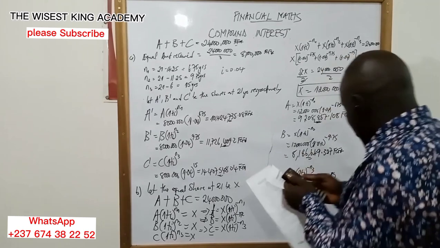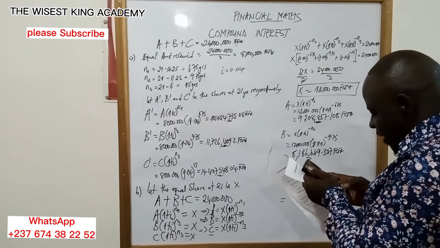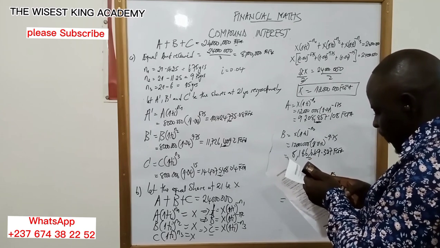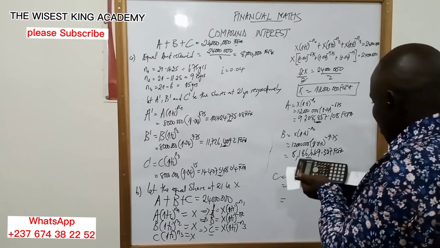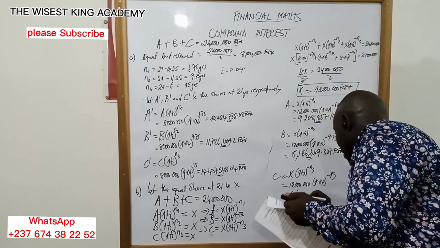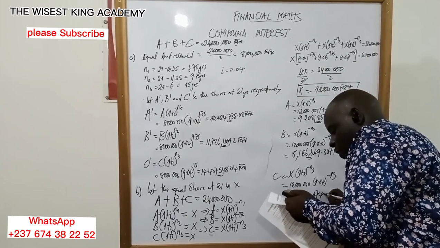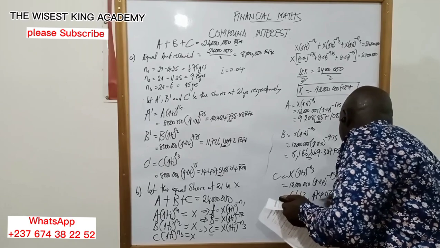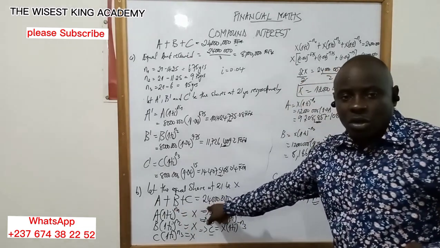And the last one, 1.04 raised to the power negative 15 times 12 million equals 6,663,174.033 francs CFA. Now, remember, we said A plus B plus C will give what? 24 million.